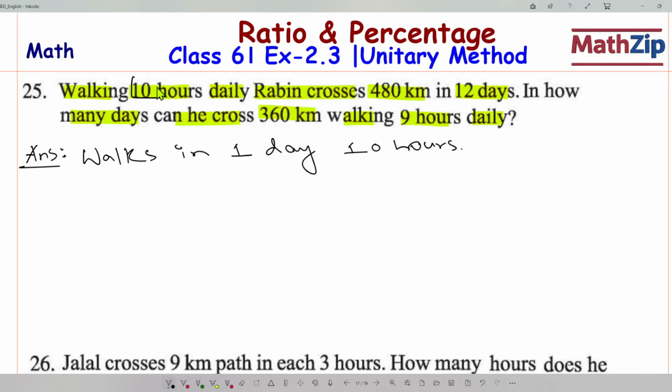Right, here is 10 hours. So he works in 12 days 10 times 12, it means 120 hours.